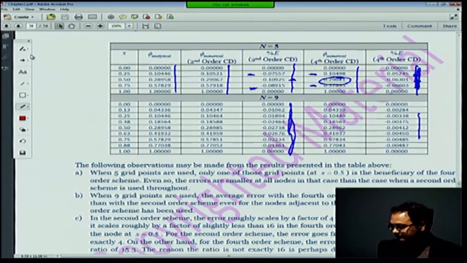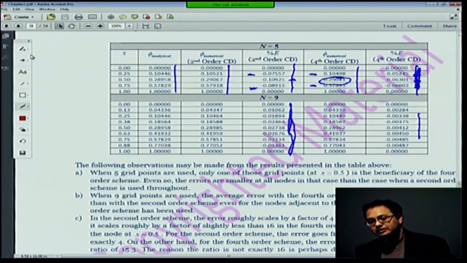Any questions? Going back to second order central difference at the boundaries is an issue because boundary conditions are difficult to treat with the extension of the stencil. But even with that approximation, this has a payoff.